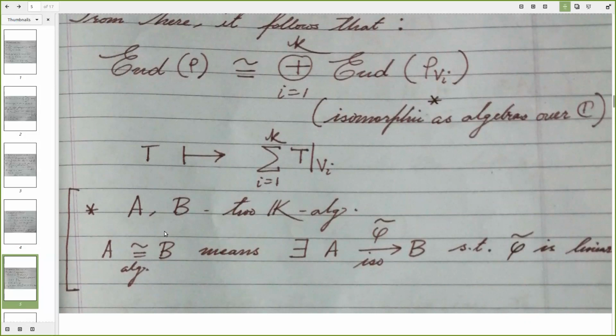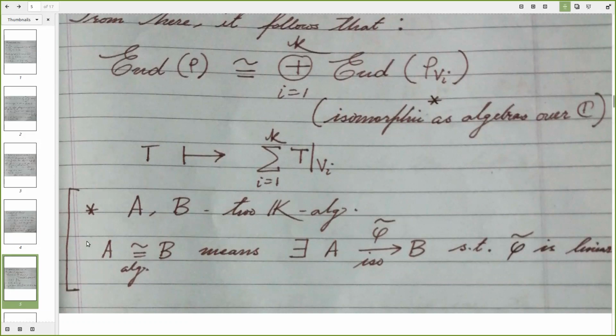We will say A is isomorphic to B if there is, first of all, a ring homomorphism from A to B. Remember that since A and B are K algebras, a priori both of them are rings, so if you want to talk about maps between them, first of all we need a ring homomorphism from A to B. And furthermore, since these are algebras, both of them are vector spaces over K, so the ring isomorphism which we are talking about, we also insist to be a linear map.